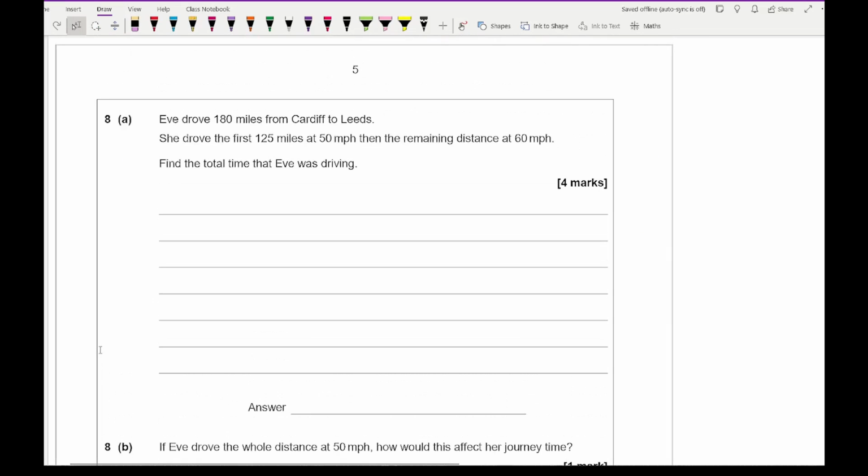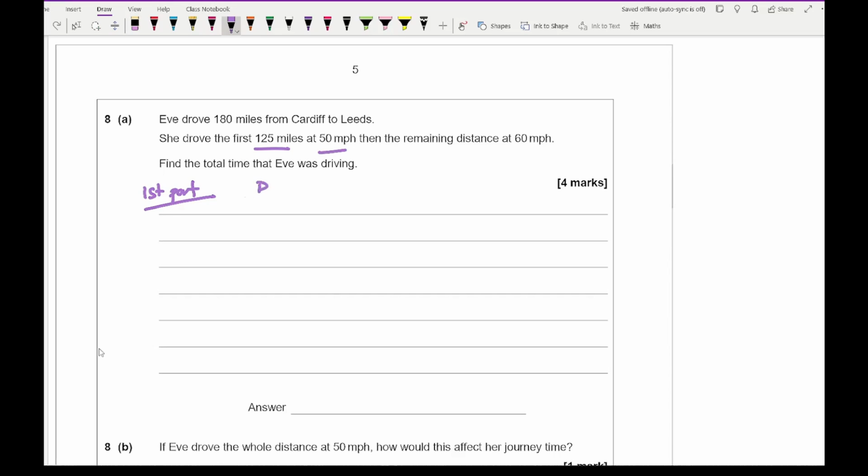Moving on to question 8a, it says Eve drove 180 miles from Cardiff to Leeds. She drove the first 125 miles at 50 miles per hour and then the remaining distance at 60 miles per hour. Find the total time that Eve was driving. So if we look at the first part of the journey, we've got 125 miles and 50 miles per hour.